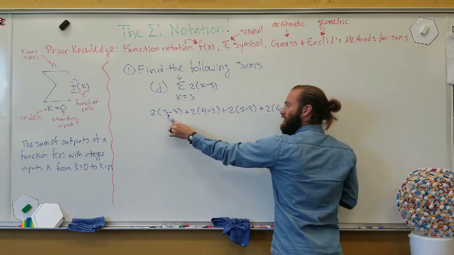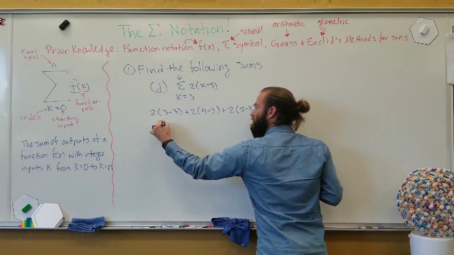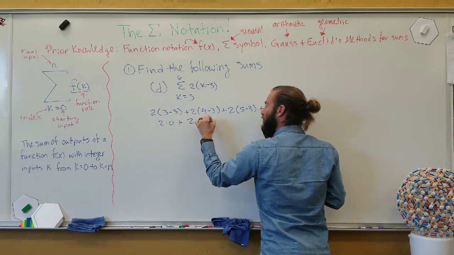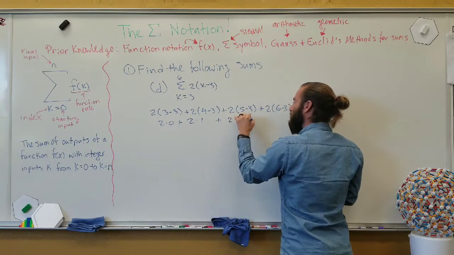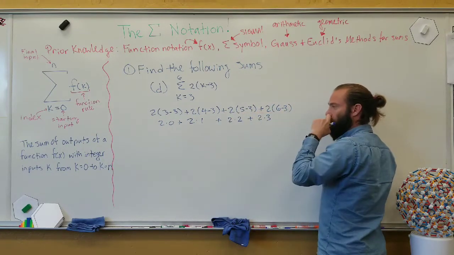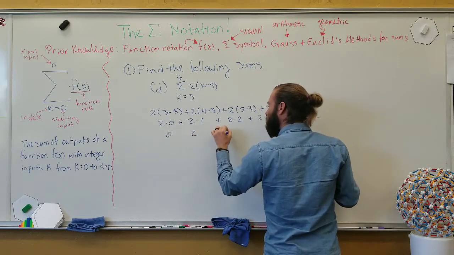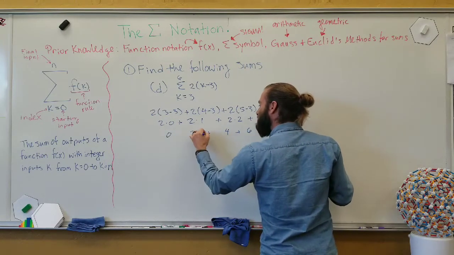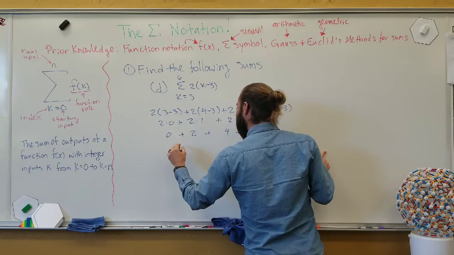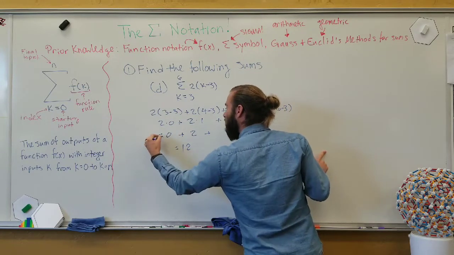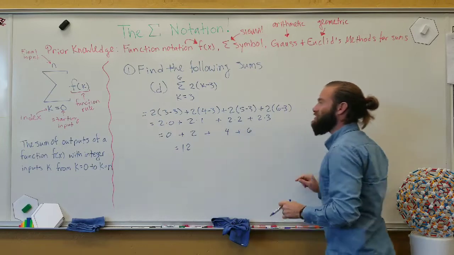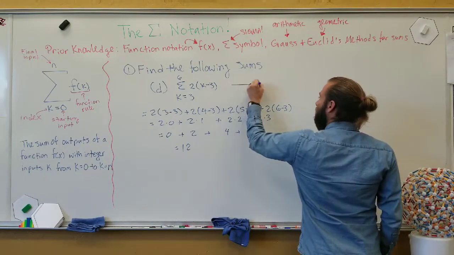And if you notice here, 3 minus 3 becomes 2 times 0, 2 times 1, and then 2 times 2, and then 2 times 3 for those terms. And this should look familiar because this becomes 0, 2, 4, 6. And we already did that because this gives me 12, and I think you should realize this actually is the same as part A.